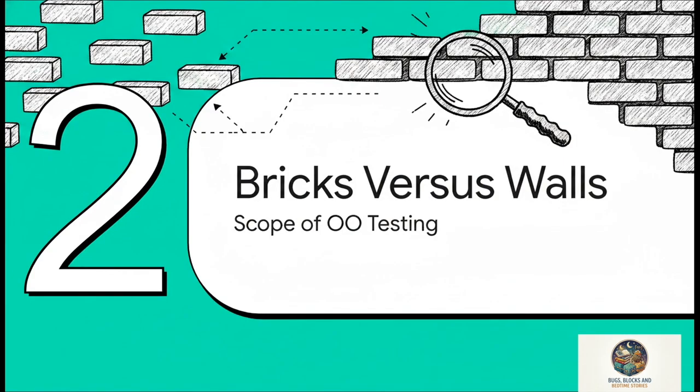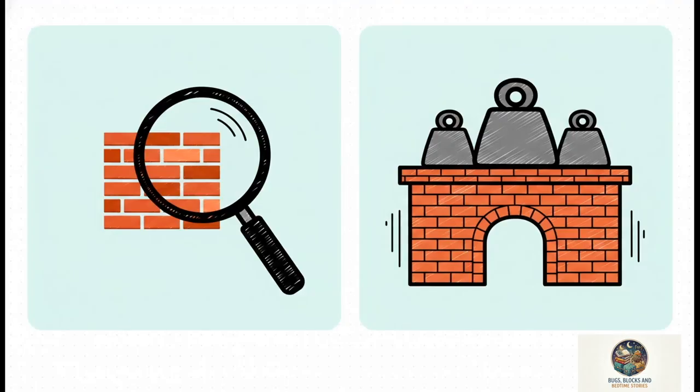Moving on to Section 2, inspecting bricks versus walls, the scope of OO testing. To really grasp the risk here, we have to understand how object-oriented testing is completely different from the traditional software checks you might be used to. Think of your software as a building. In traditional programming, testing a unit, like a single method, is basically like inspecting a single brick. If the brick is solid, great.